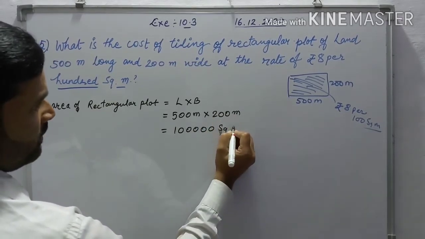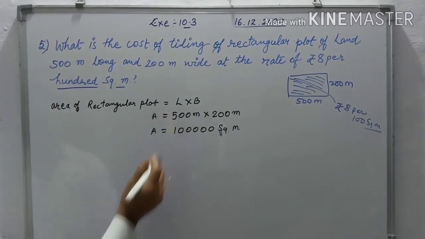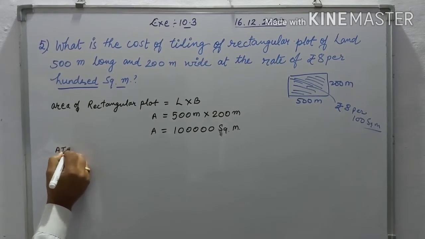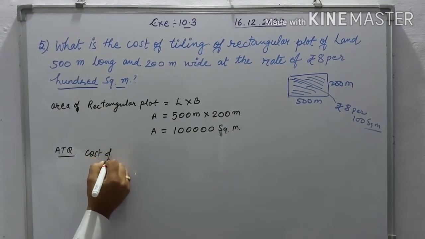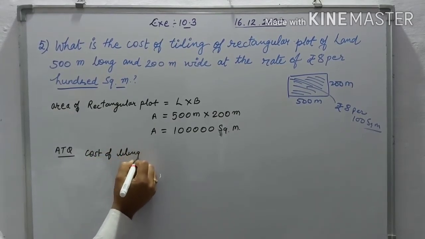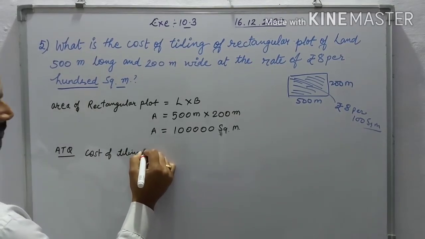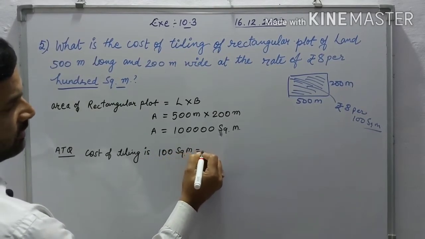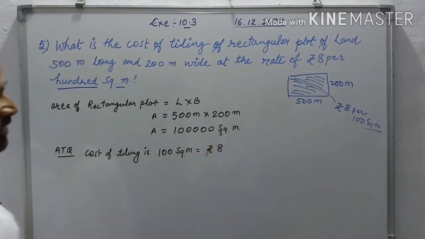Okay, now this is the area of the tiling. You have rate of 8 rupees per 100 square meter. According to the question, the cost of tiling: 100 square meter is the rate of 8 rupees.